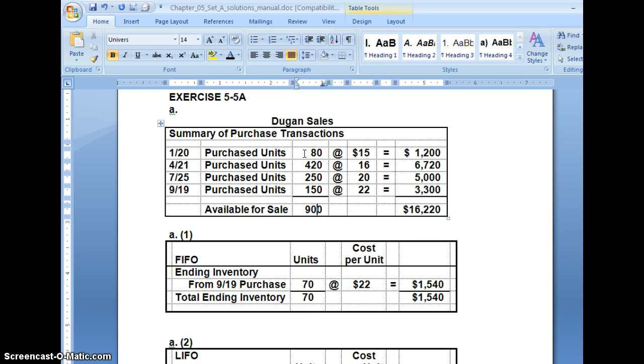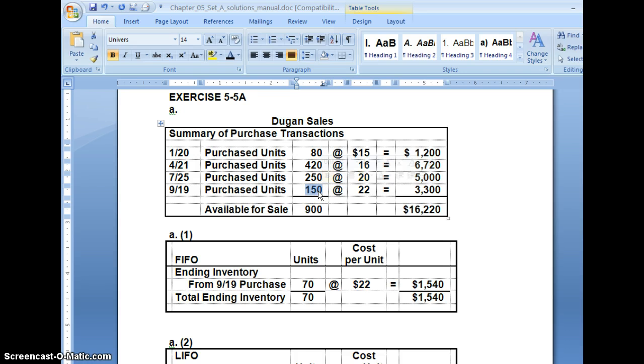So what happens is we took 80 units out of the January 20th purchase, 420 units out of the April 21st, 250 units out of the July 25th, and then we took 80 units, it looks like, out of this right here.